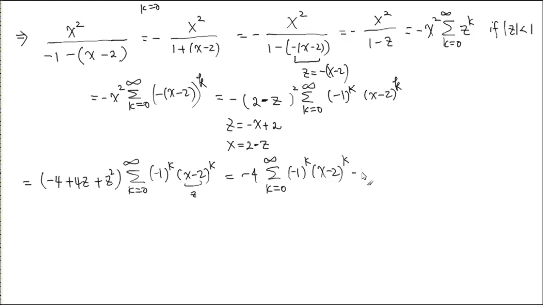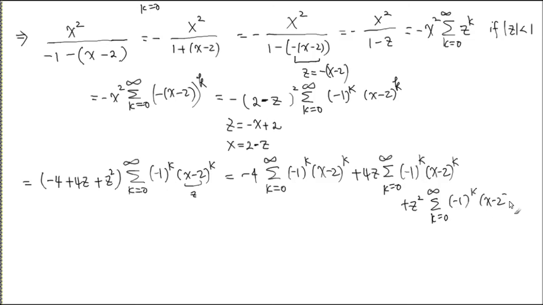The second term is 4z, k going from 0 to infinity, (-1)^k (x minus 2)^k. And the next one is z squared in there, k going from 0 to infinity. This one is multiplied by (-1)^k (x minus 2)^k. Is that right?